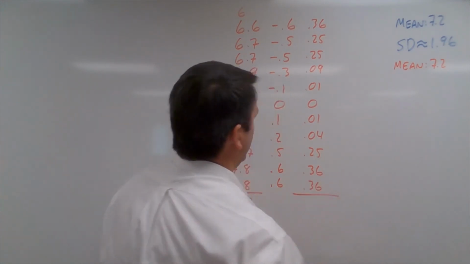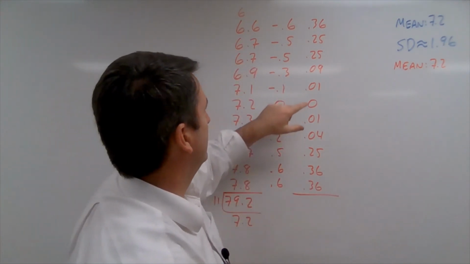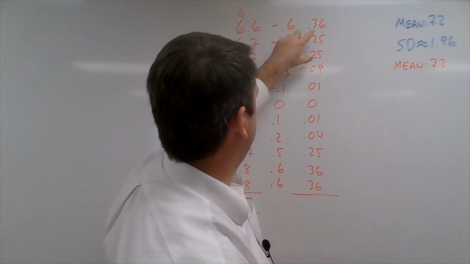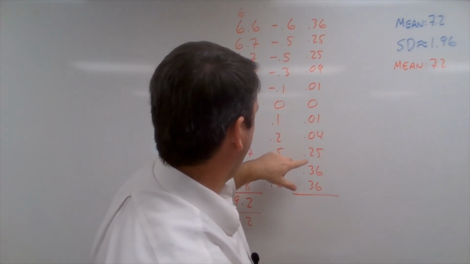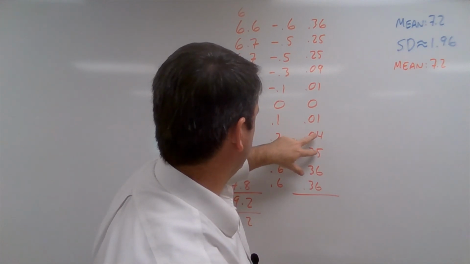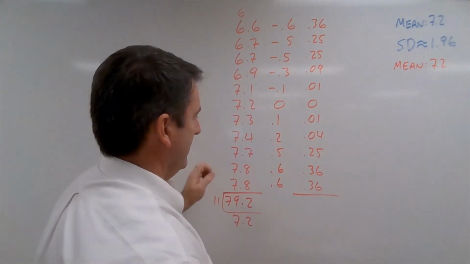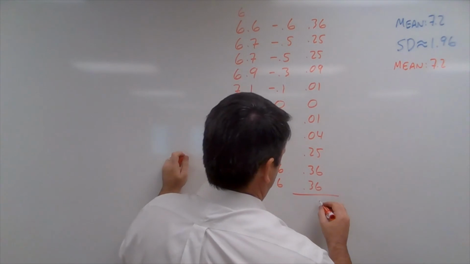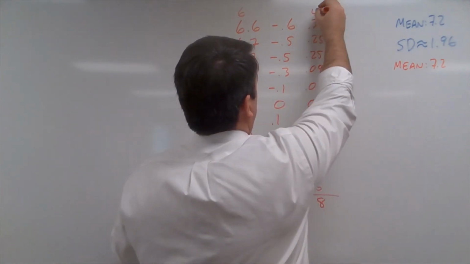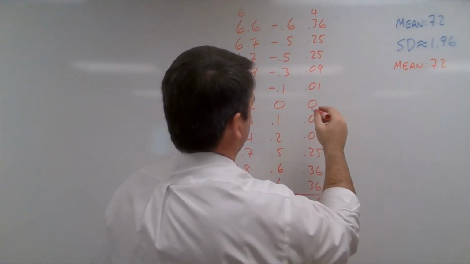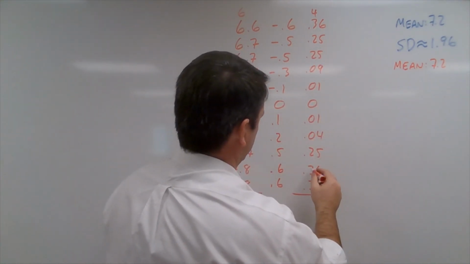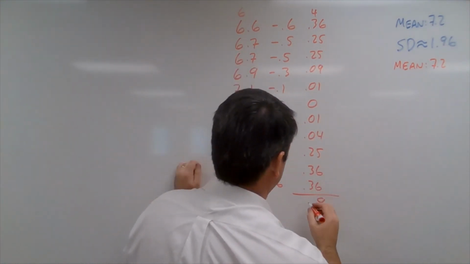And if we add those up, we have 15, 25, 26, 27, 36, 48, and then 7, 8, 9, 10, 11, 12, 13, 14, 15, 16, 17, 18, 19.